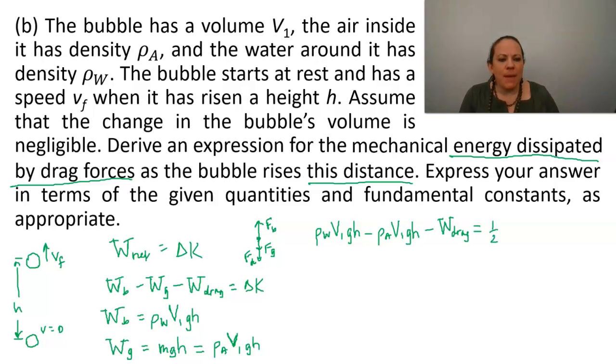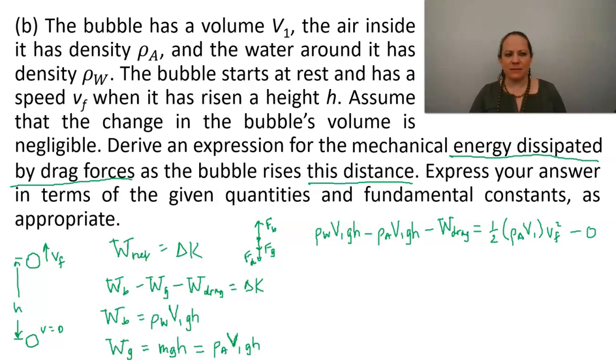But again, that mass is going to be the density of the air bubble times its volume, so just rho A V1 times v final squared minus 0 because the bubble started off at rest.